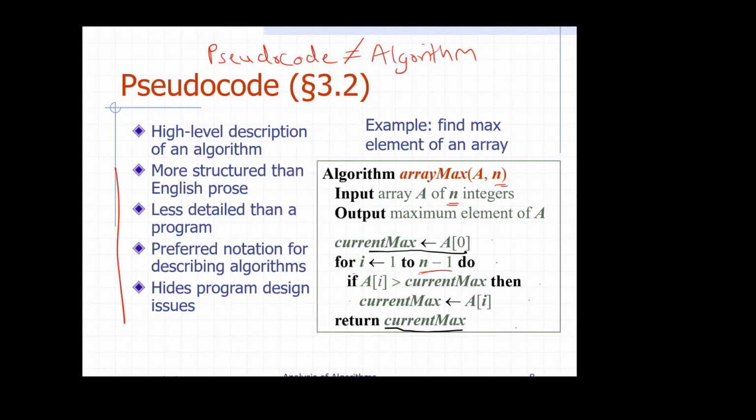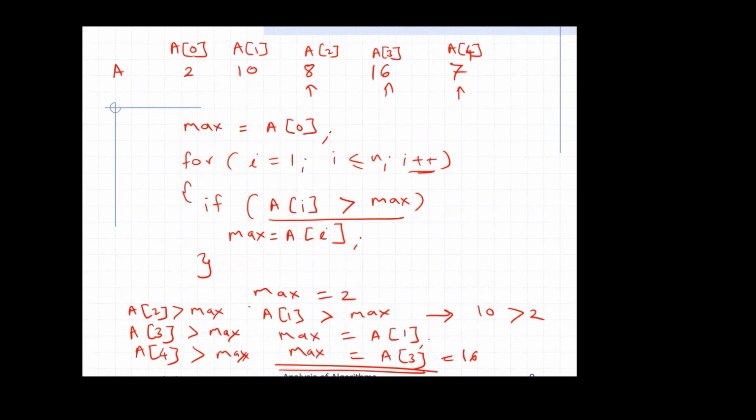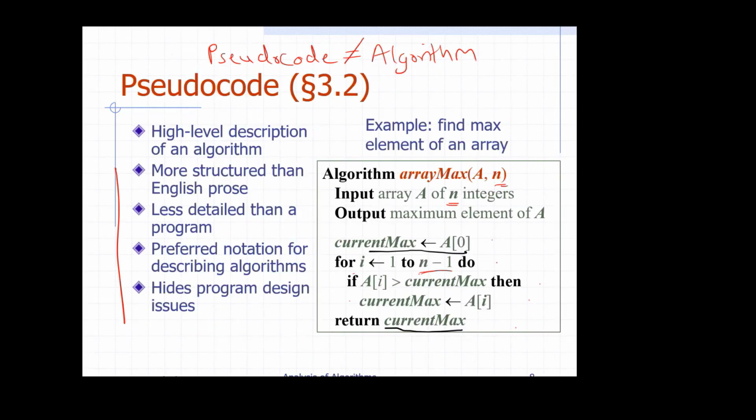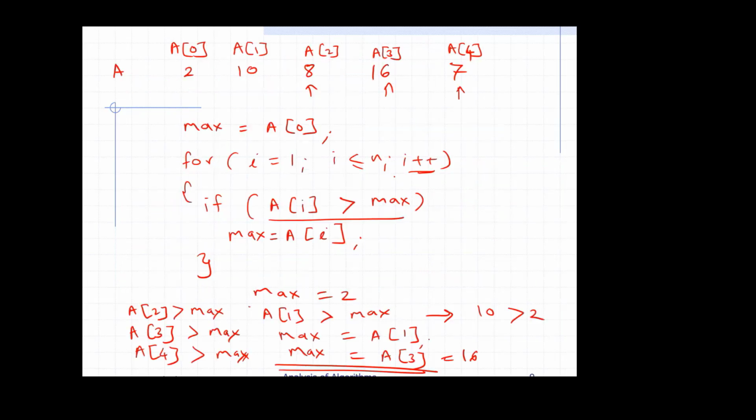And we are going to do the same thing with the other algorithm, and then we want to decide which algorithm takes fewer operations. So again, I said pseudocode and algorithm are the same. Here it is pseudocode, here is the algorithm, but it is the same thing.